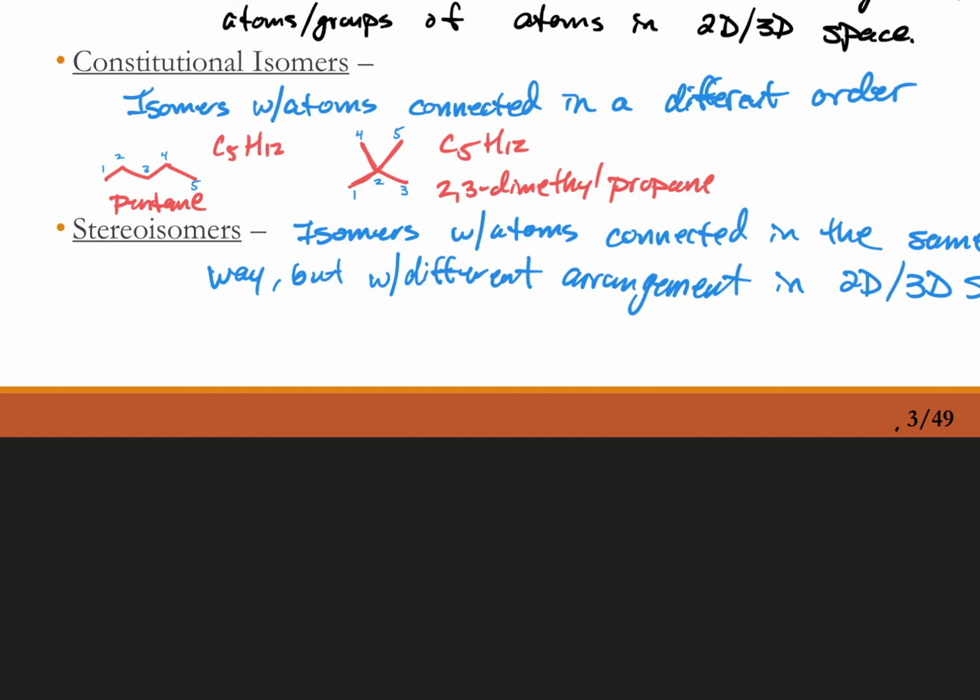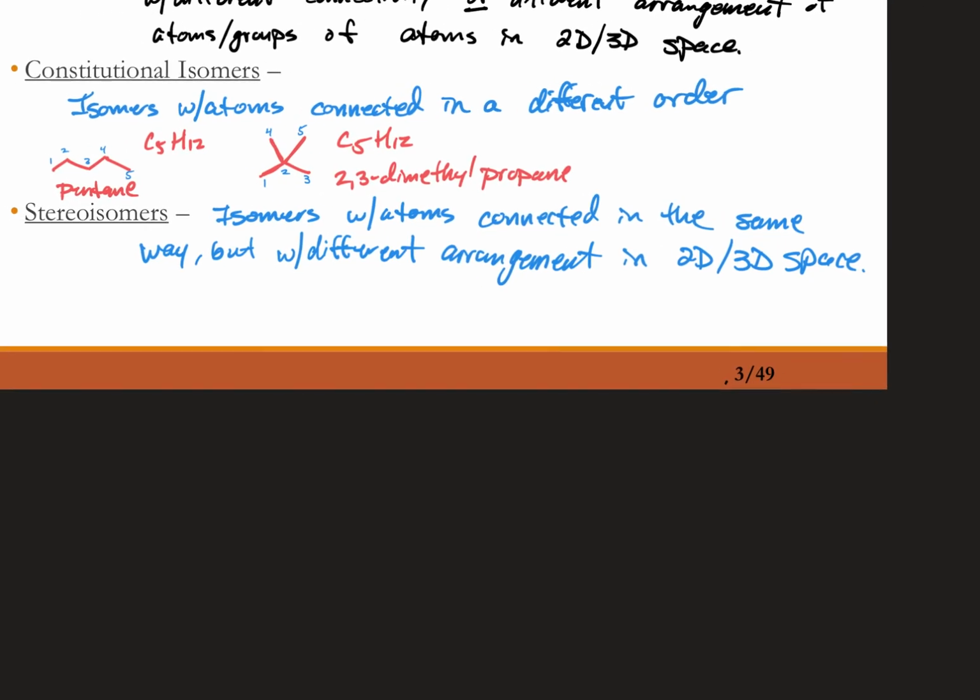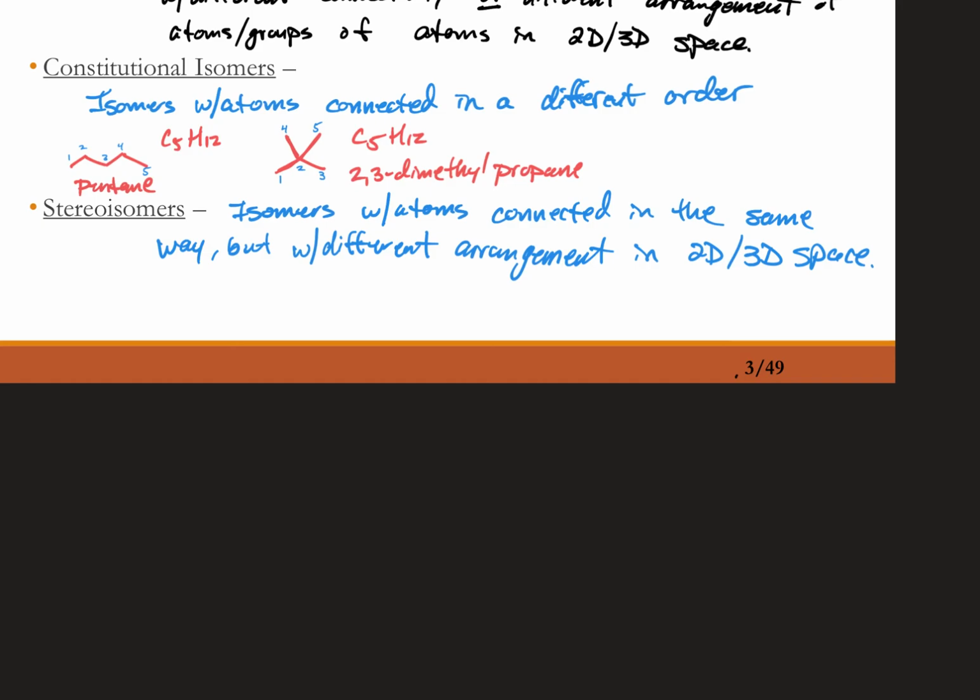Stereoisomers, on the other hand, will have the same atoms bonded to the same atoms, but they're just going to look different. So here's an example of that. Let's say that this chemical formula, this is actually called trans-2-butene, and it'll be C4H8.